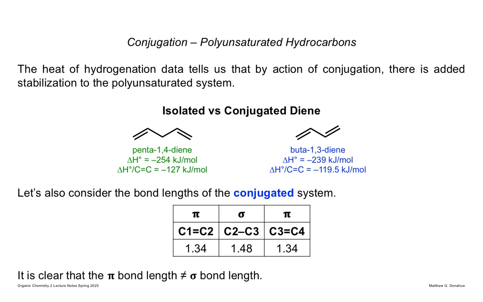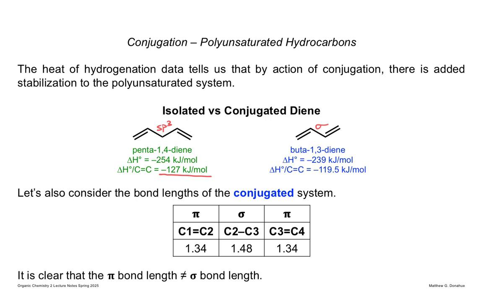So as we mentioned, we have this isolated case here versus the conjugated case. You can see that in the isolated case, because they're isolated, they behave as just regular alkenes.